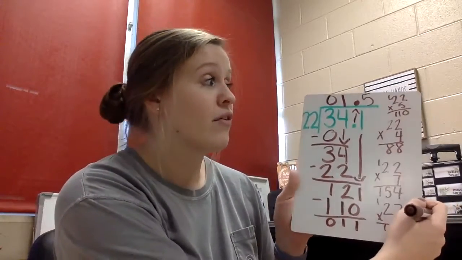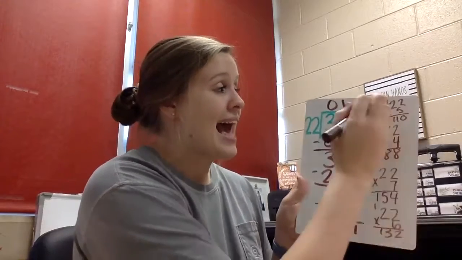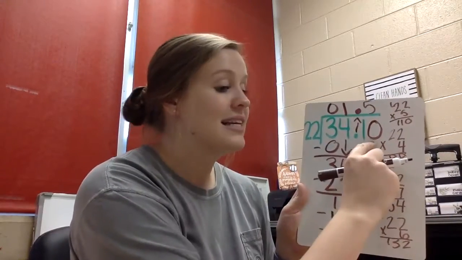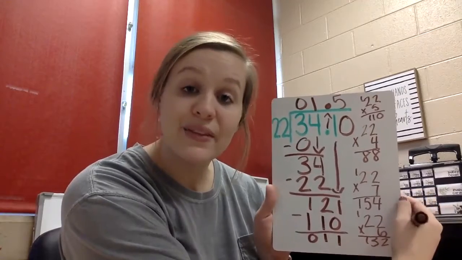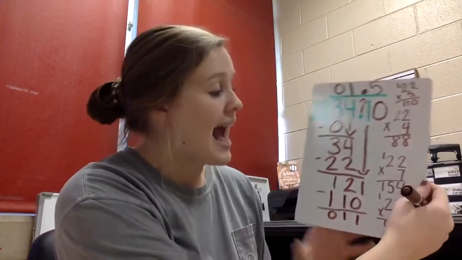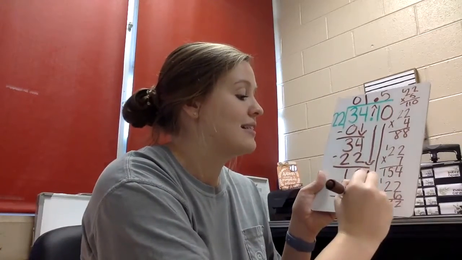So instead of putting a remainder of 11, we can add a 0 behind this 1, because if you remember, as many zeros as we add to the end of the decimal, it doesn't change the value of that number. So instead of having nothing to bring down because we still have a remainder, we're going to bring down that 0.